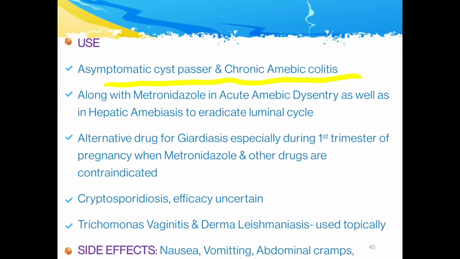Alternate drug for giardiasis, especially during the first trimester of pregnancy when metronidazole and other drugs are contraindicated. Cryptosporidiosis, effectiveness uncertain. Trichomonas vaginalis and dermal leishmaniasis, used topically. The side effects are not that many: nausea, vomiting, abdominal cramps.